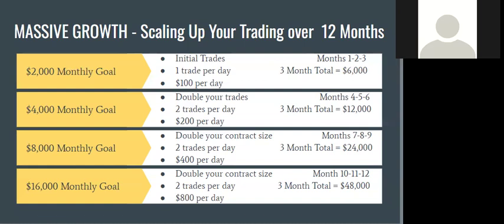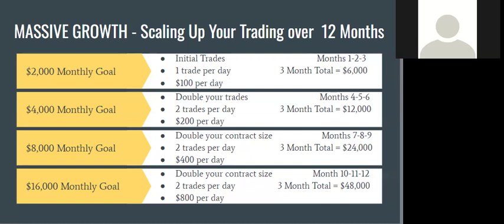Okay. So with this, again, we're looking for 2 trades per day. Again, you've been doing that for about 9 months. We started off 3 months with 1 trade a day, $100 a trade. We did the next 3 months with 2 trades a day, only targeting $100 per trade. And then the next 3 months, you still just did 2 trades a day, but you doubled your contract size.